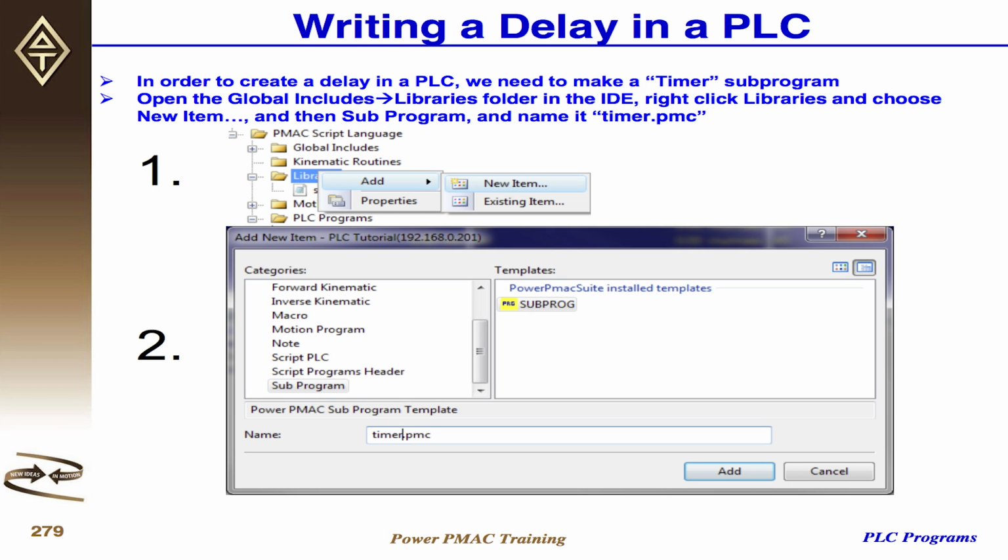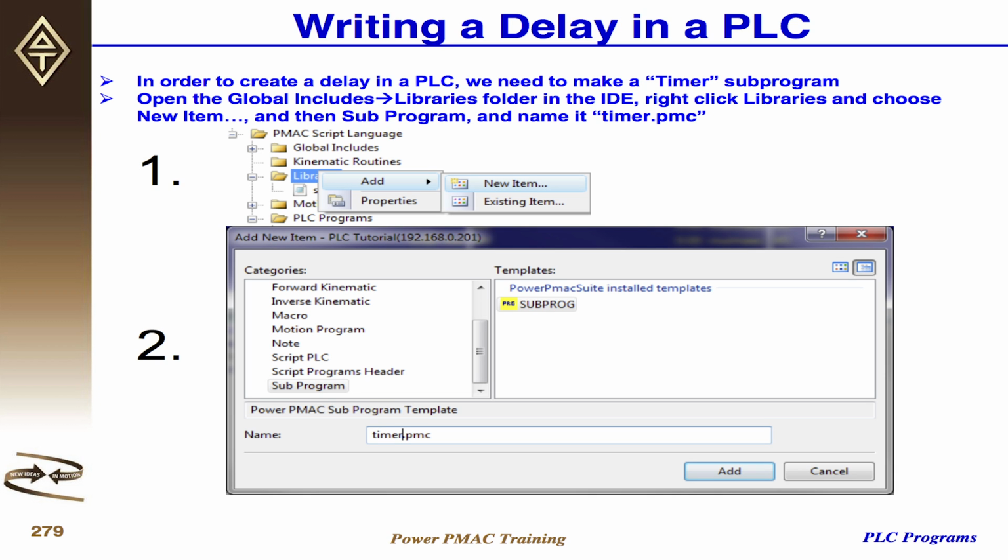So to add a timer subprogram, please go down to your libraries folder, and then there should be, actually this is slightly outdated. We've included a timer template in the more recent versions of the IDE, so let me show you how to get that. In your IDE, go to the libraries folder, and then there should be a file named subprog1 there already.